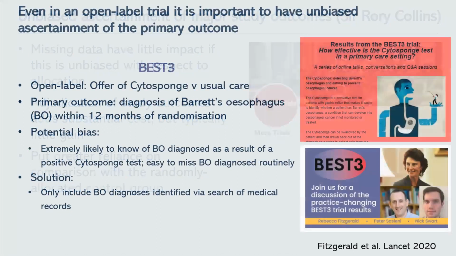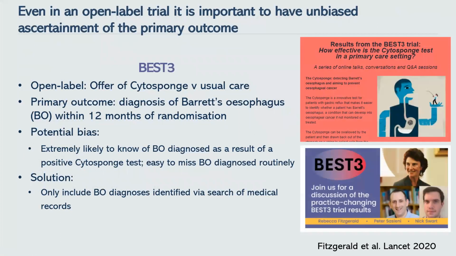This is the Cytosponge again, and this was the earlier study where we demonstrated that the Cytosponge was really good for detecting Barrett's esophagus. It was an open label randomized controlled trial, and the primary outcome was the diagnosis of Barrett's esophagus within 12 months of randomization.